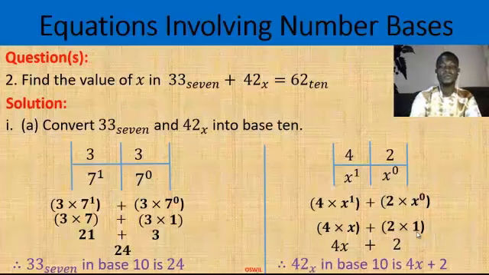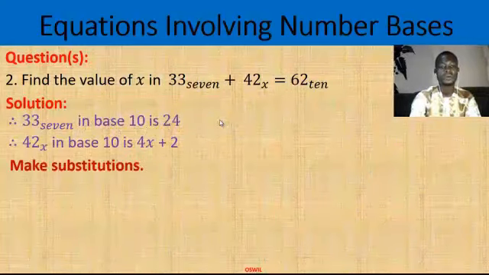Therefore, 4 2 base x in base 10 is 4x plus 2. When we get these two answers, we are not done. We are going to substitute these answers into the original equation.